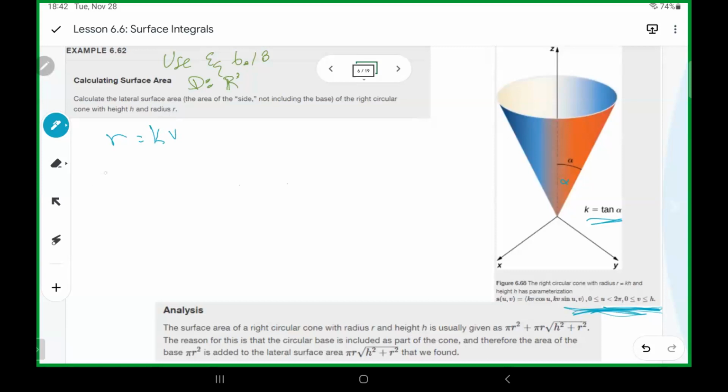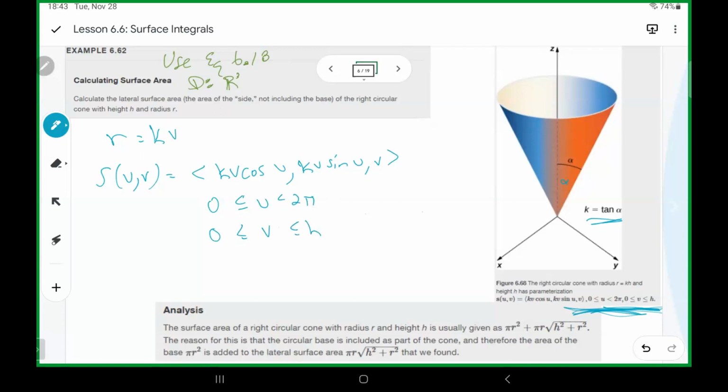Therefore, we would have kV cosine U, kV sine U, V. It's going to be from 0 to U to pi, and then 0 to V to H.